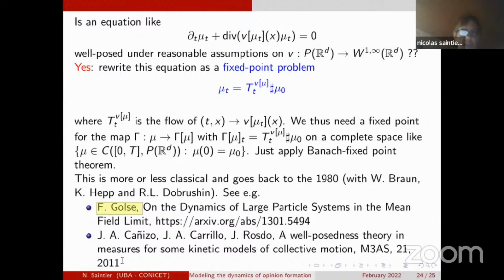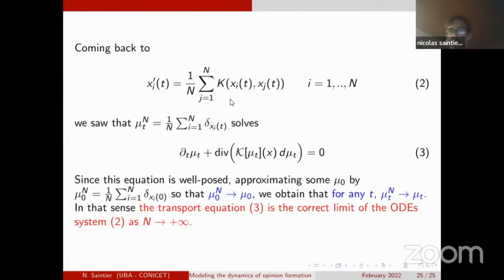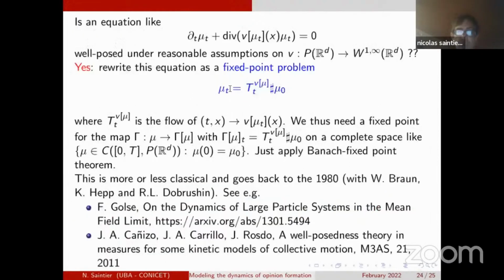which appeared like 10 years ago, giving you exactly the full proof of that for the Cucker-Smale model. But really, if you understand a simple transport equation with a given vector field, and you understand that you have to write everything as a fixed point problem, you're almost there, right?